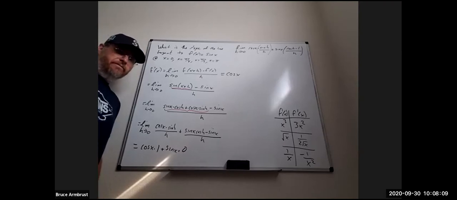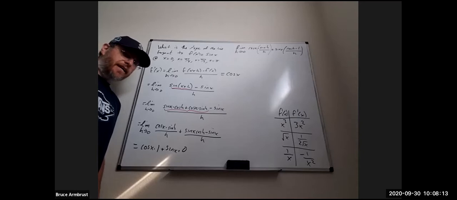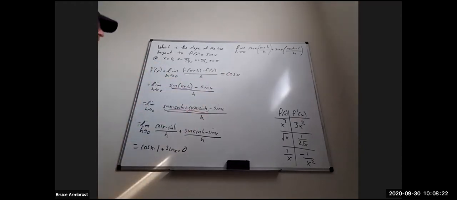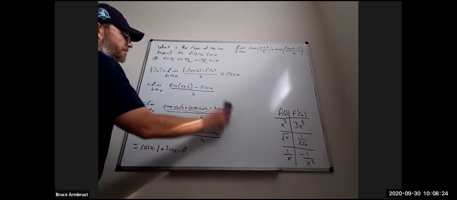Weird. But yeah, the cosine is going to give us the slope of the tangent lines to sine. And now that I've got that, watch how fast this is to find the slopes of the tangent lines.